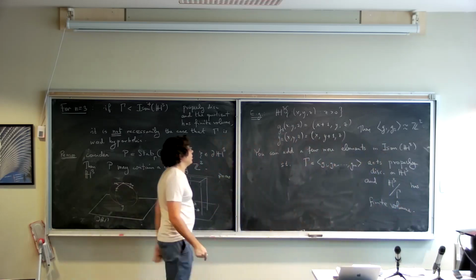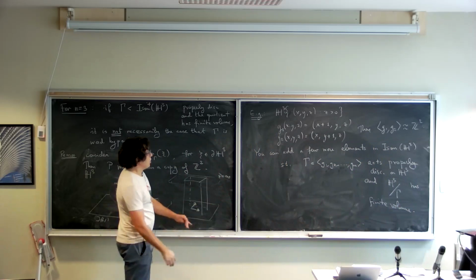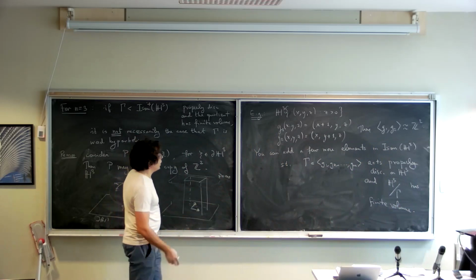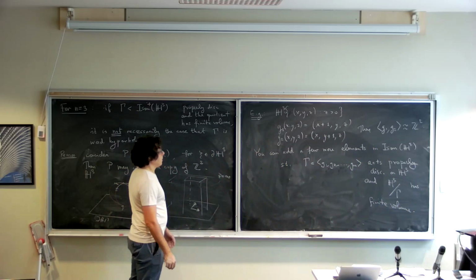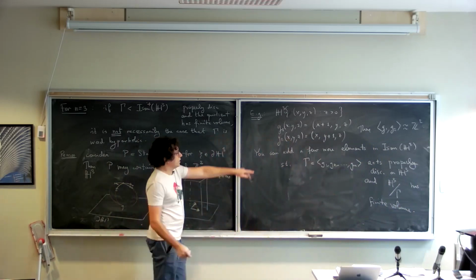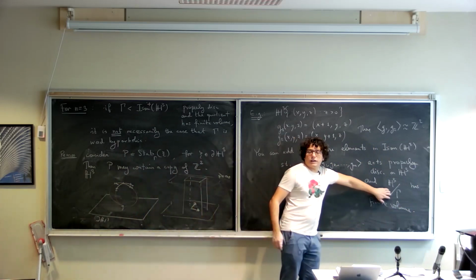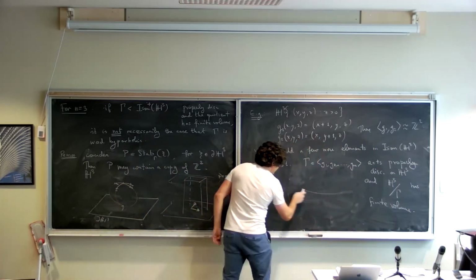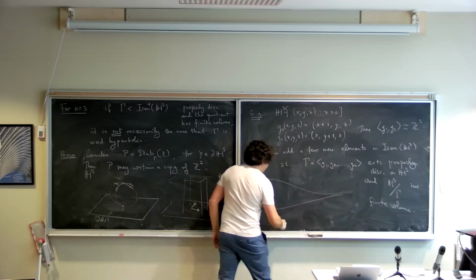So this is an example of a group that acts properly discontinuously on a hyperbolic space. And in fact, even the volume of the quotient is finite, but the quotient is not compact. The quotient looks like a hyperbolic 3-manifold.